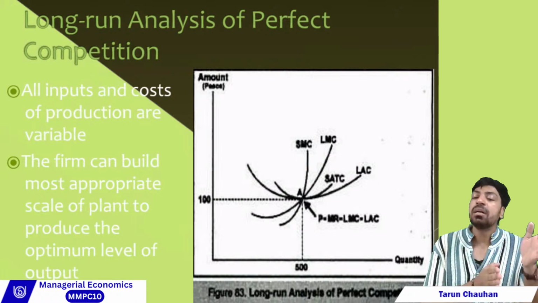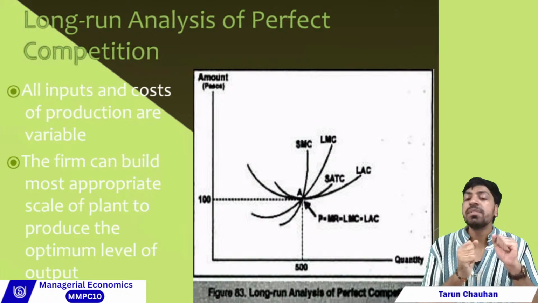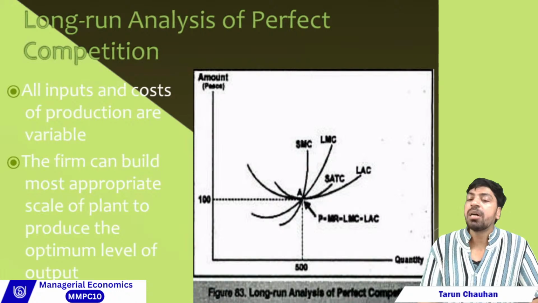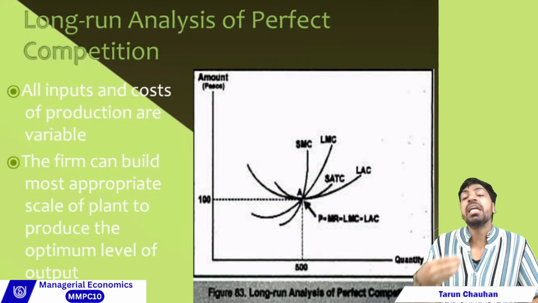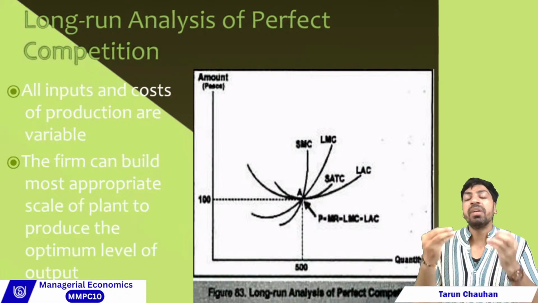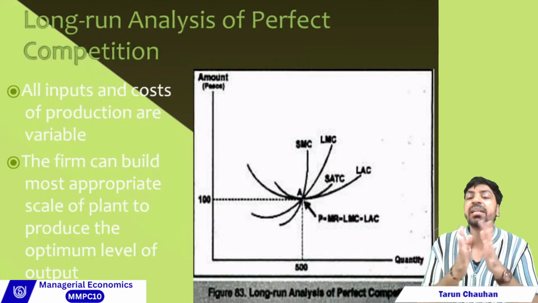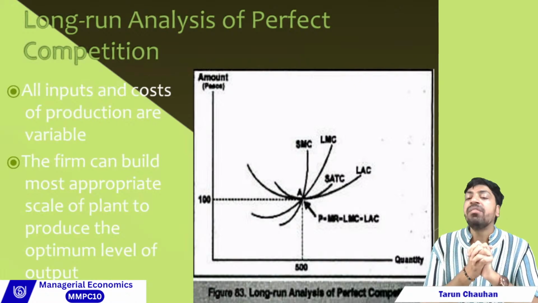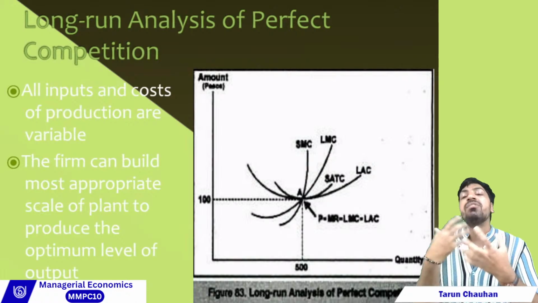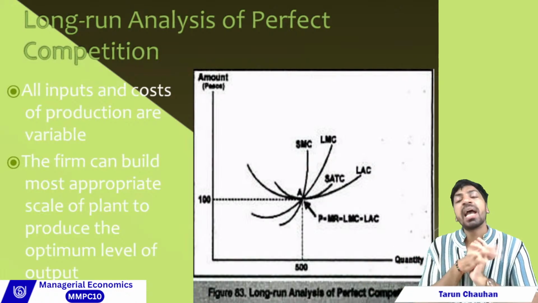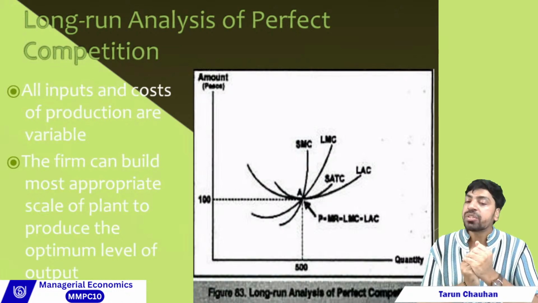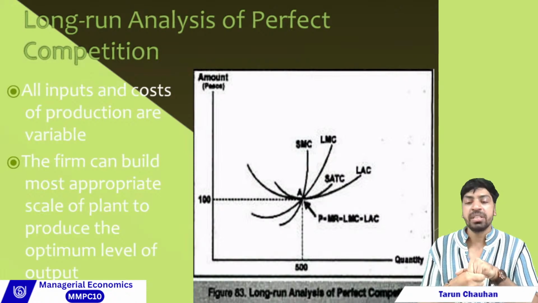From the short run cost curves, we can derive the long run cost curves, or you can say the equilibrium point of the long run cost curve, where all curves intersect at the minimum point. The equilibrium condition states that price is equal to marginal revenue, equal to long run marginal cost and long run average cost.